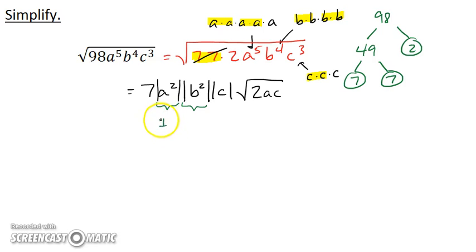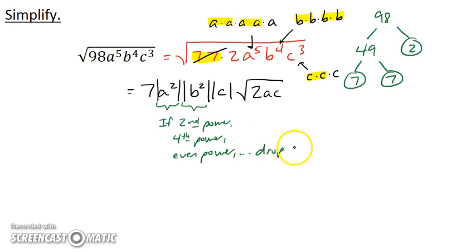So if these are second power or fourth power or any even power, then absolute value is redundant. So you can drop absolute value.